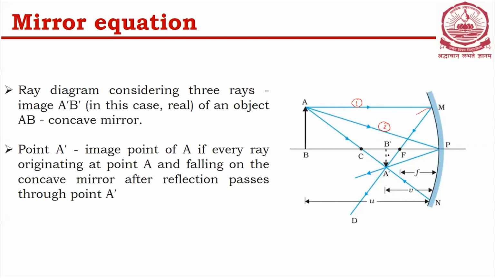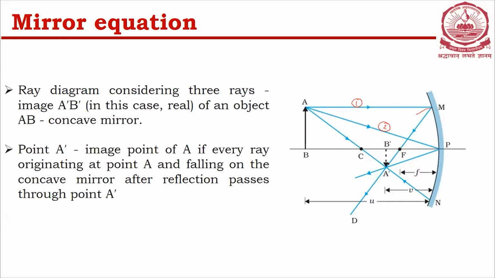This is the focal point, and you can see where these rays meet, and this is the image point of this object point A. This is A dash. So A dash B dash is nothing but your image of this object AB. It is actually an inverted image.